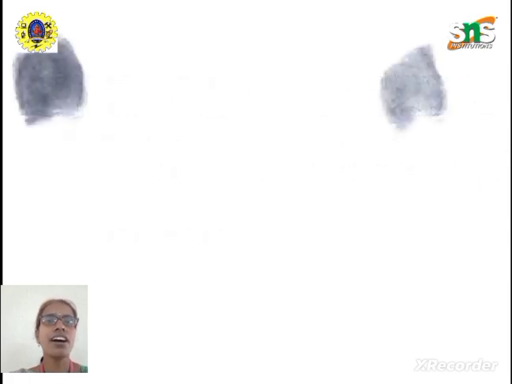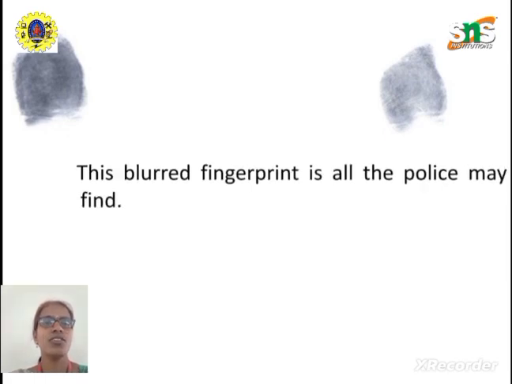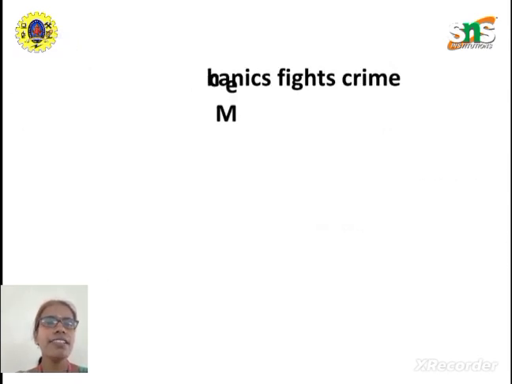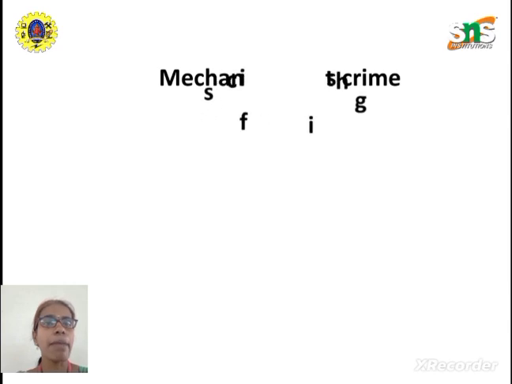An example is a blurred fingerprint. The police will find the fingerprint from the accident place, and by running the blurring process backwards, math can clear up the fingerprint. Under this concept, maths plays a major role.